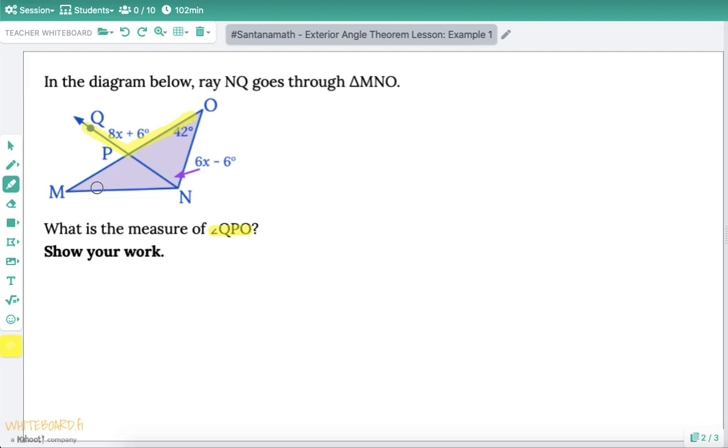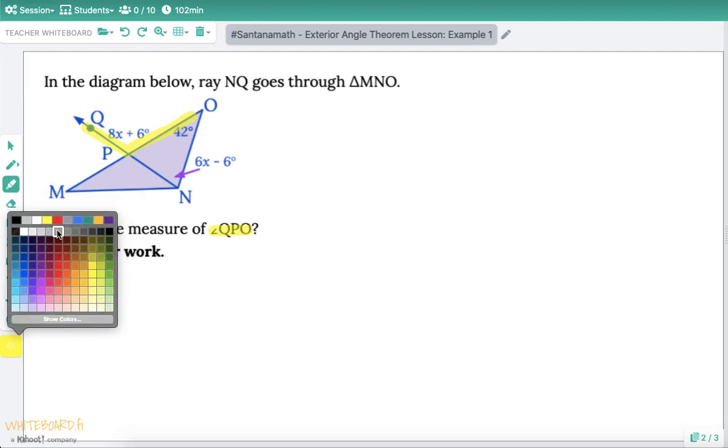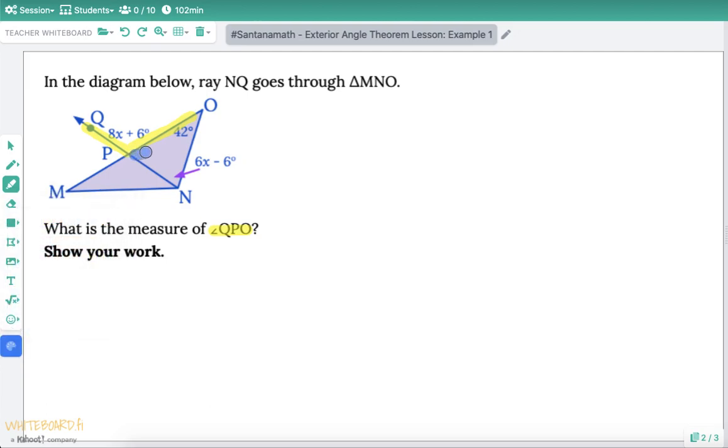Notice it is represented by 8x plus 6, and the angle adjacent to that, and let's change this color so you know what I'm talking about, this angle right here, is adjacent to QPO. We do have the two that are furthest away from that in triangle P and O. So if we look at this triangle here, we can use the two furthest angles away from QPO in order to determine angle QPO.